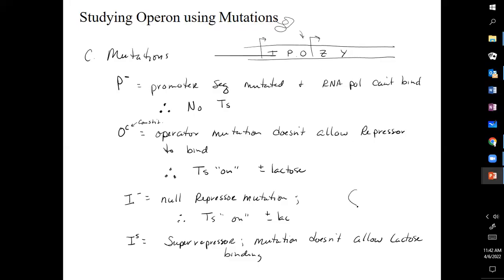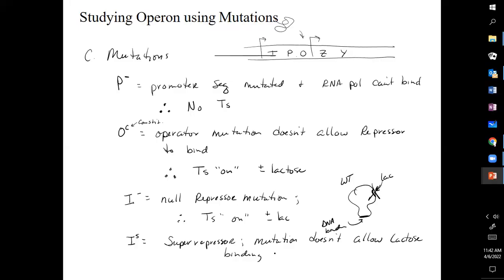So actually, let's look at it just like this. In the wild type repressor, there's both a lactose binding site and a DNA binding site. In the super repressor, the IS mutation, this is blocked, but this is not.